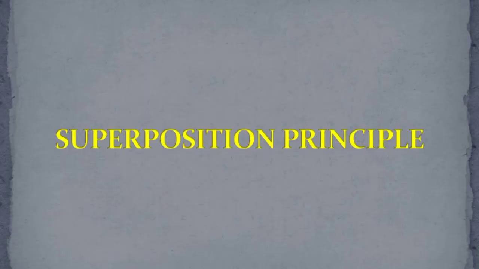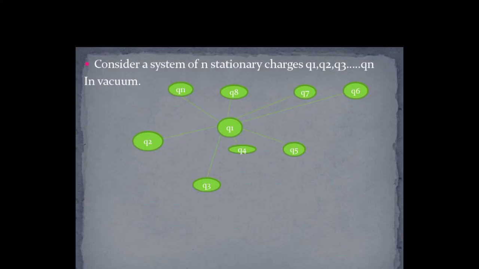The next portion is the superposition principle. Consider a system of n stationary charges like Q1, Q2, Q3, up to Qn in vacuum.